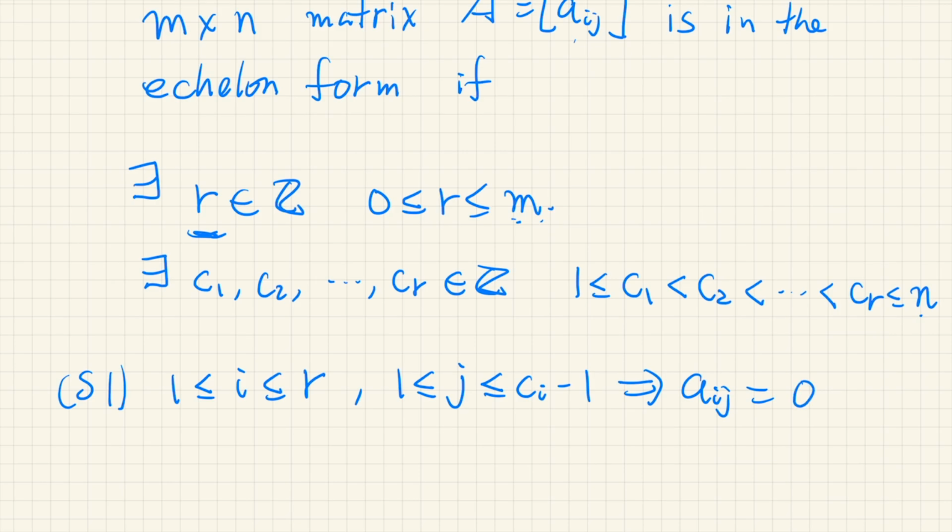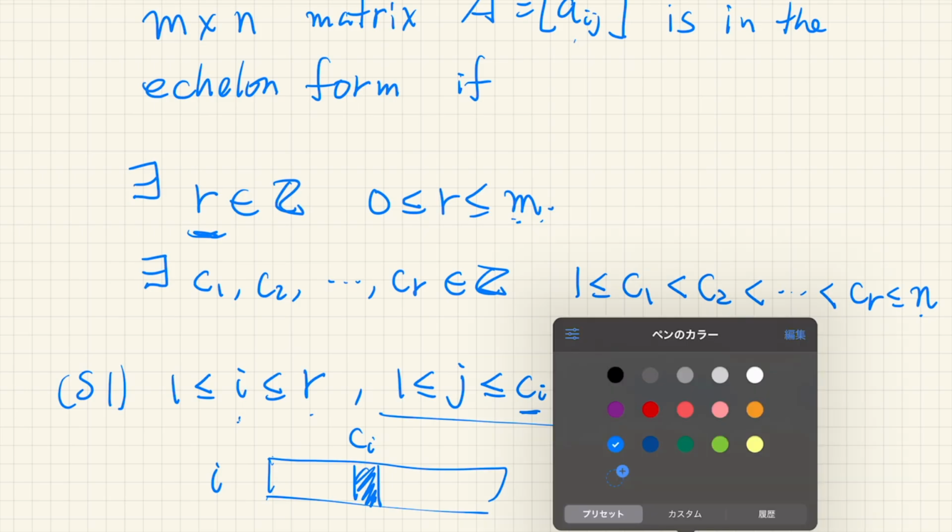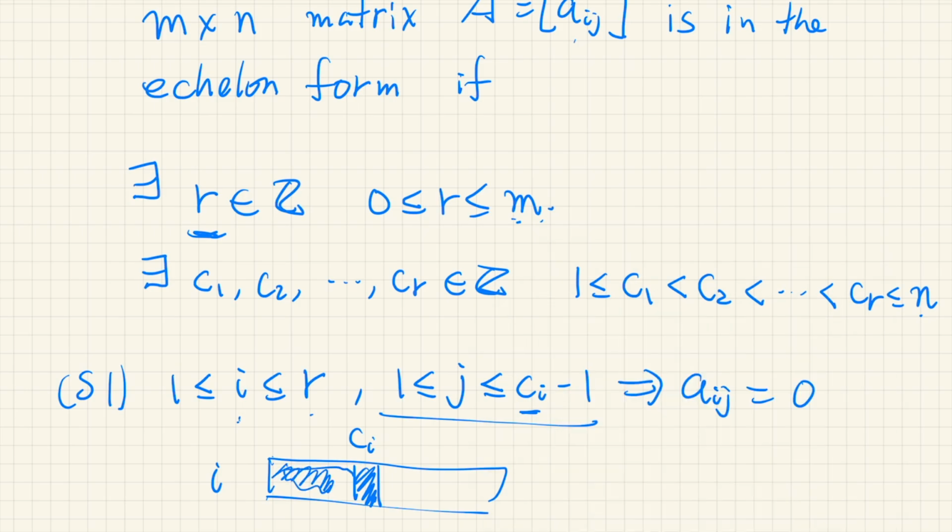So that means i is the row number that contains a non-zero element, and c_i is the column number that contains the leftmost non-zero element in that row. So let's take that row i, and c_i is somewhere here, let's say. So this is c_i. So this condition means that to the left of this column, these elements are all 0.